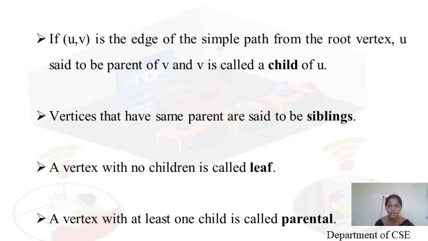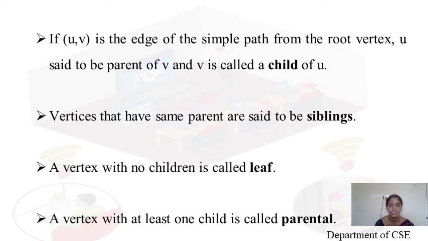So if you choose any simple path from a root vertex, and there exists an edge UV, then U will be the parent of V, and V will be called a child of U.